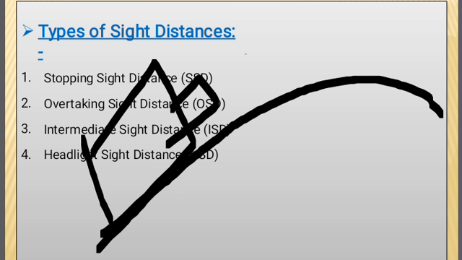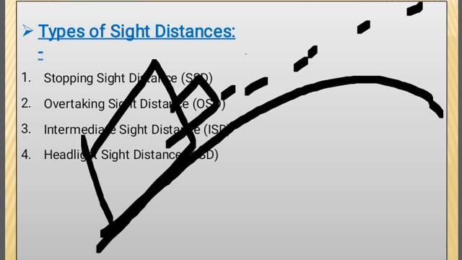This vehicle is using the headlight during the night, and due to the headlight the driver covers some sight distance on the road. Whatever distance over the road is covered by the intensity of light, that covered distance is the headlight sight distance.